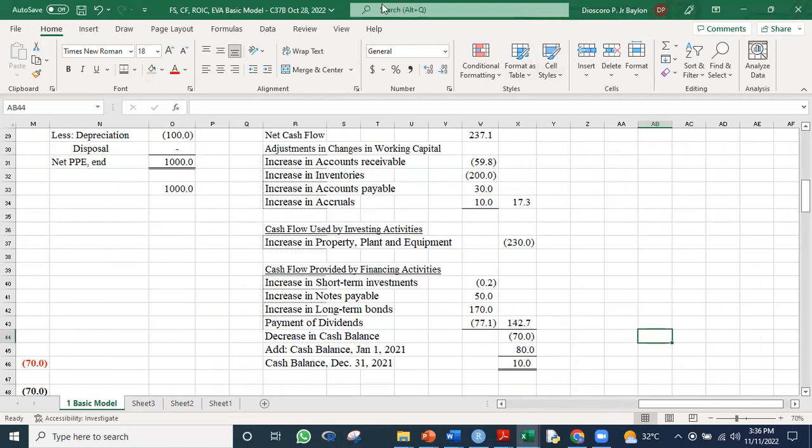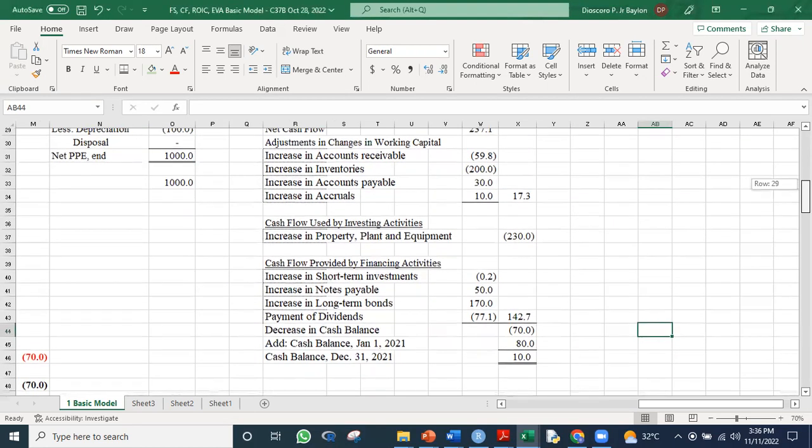Okay, so once again, class, I'll give you a few seconds to complete your statement of cash flows, the formal statement of cash flows.